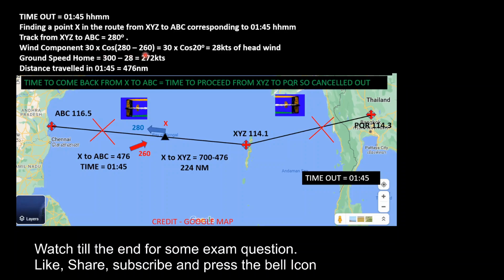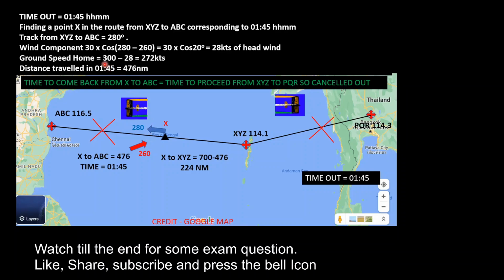So we will find the component once again. 30 multiplied by cos of 280 minus 260, which is 30 into cos of 20. So it becomes 28 knots of headwind. When I'm coming back, 280 is my track, and 260, 30 is the direction of the wind velocity. So I will have a headwind of 28 knots.